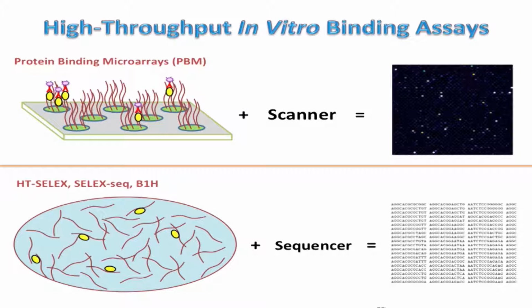The first generation of in vitro binding assays, which was pioneered in the Bulyk lab at Harvard, was built on microarray technology. In this method, these microarrays are different from your typical expression arrays in that the spots, the probes, are double-stranded DNA as opposed to single-stranded DNA. You throw on your protein of interest and have a binding reaction.